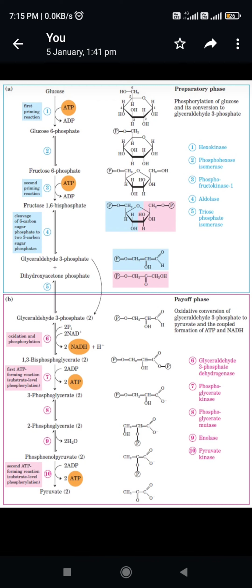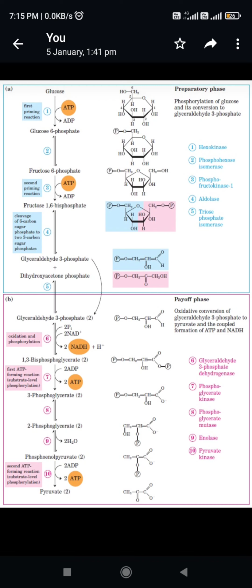The 2 molecules of glyceraldehyde 3-phosphate are converted to 1,3-bisphosphoglycerate. Here NAD, nicotinamide adenine dinucleotide, which is a low energy molecule, is converted to the high energy molecule 2 NADH.